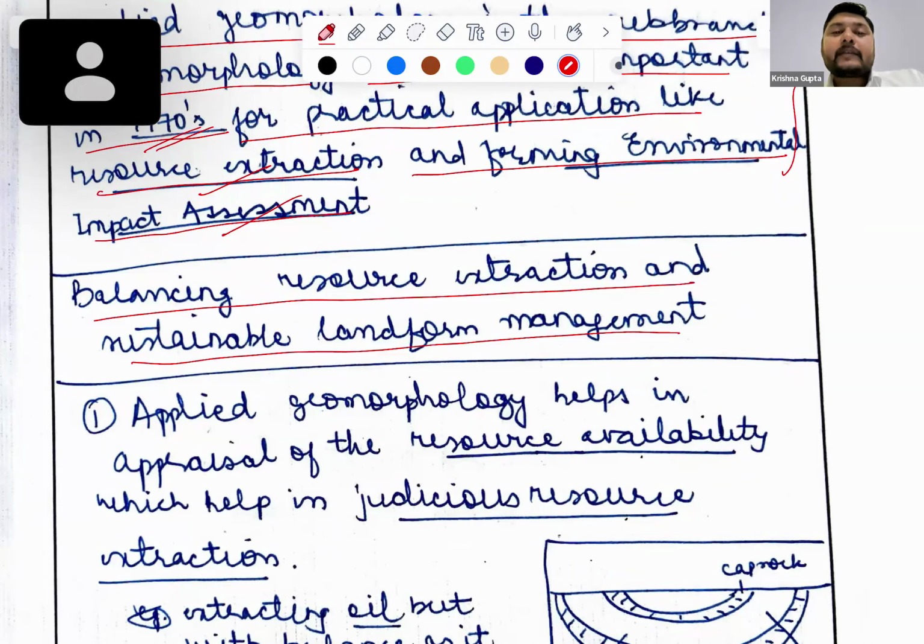So in between this, what I want you to add here is that the development of applied geomorphology was majorly done by R.J. Shorley. R.J. Shorley was one of the persons who worked for the development of applied geomorphology, which was basically looking at the paradigm of process geomorphology.